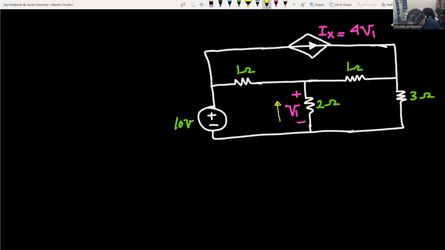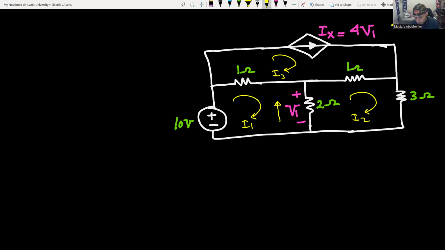Okay, good. So we have here a dependent current source. Ix is equal to 4V1. V1 is the voltage across the 2 ohm resistor. We have three meshes. So let's assume this is mesh I1, this is mesh I2, and this is mesh I3. And remember, here the dependent current source is in a non-shared branch, so you can put a mesh here.